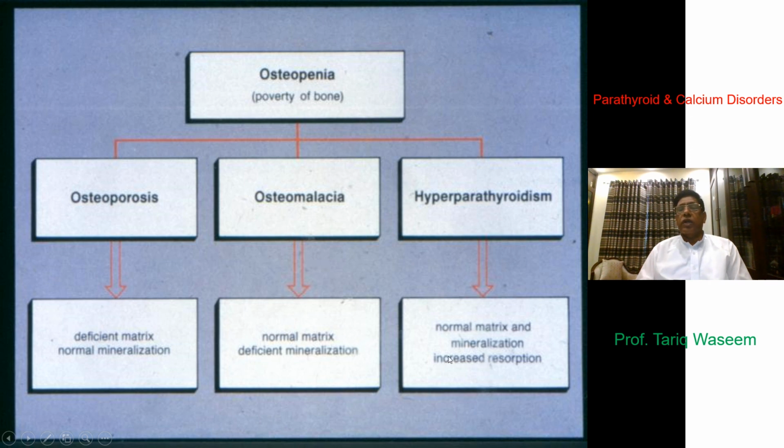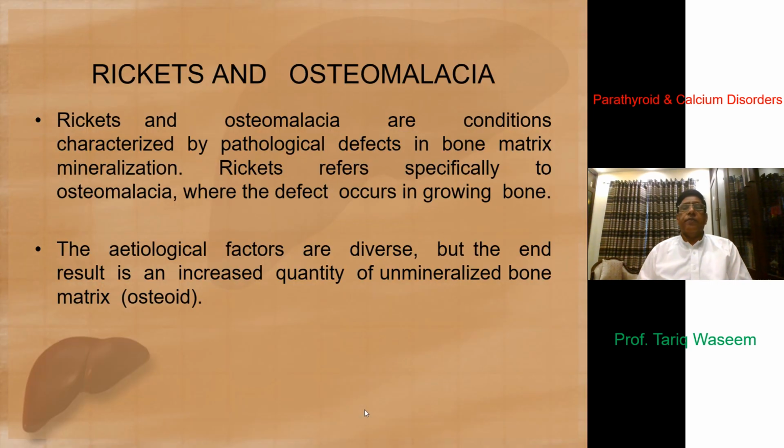Now this is what hyperparathyroidism does, that parathormone leads to more removal of calcium from the bone, and this results in fractures or breakdown. So this is a simple understanding of how osteopenia would result in either osteoporosis or osteomalacia or hyperparathyroidism leading on to bone weakness and fractures.